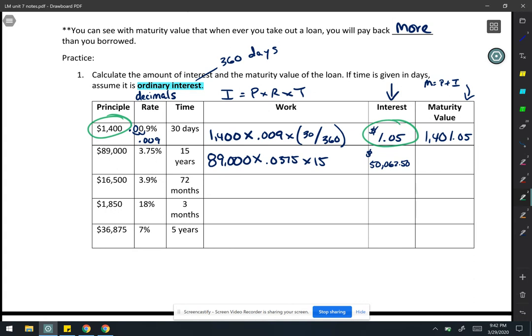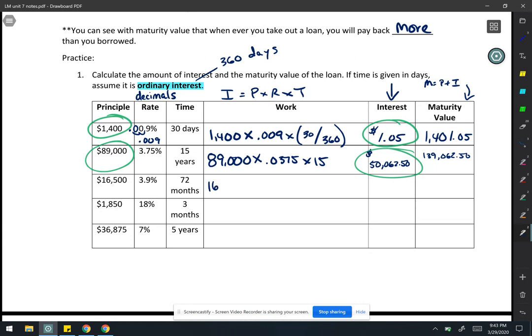Hmm, that gives us an interest of 50,062.50. And again, I add my interest back to my principal, and it's going to be a big number here. Think of it as like a loan for a house. 139,062.50. Okay, that is a big number, but again, it could be a 15-year loan for a house.